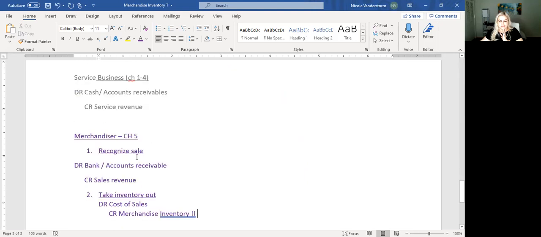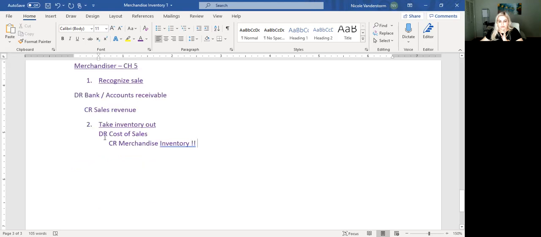You're going to recognize the sale by crediting your sales revenue and debiting bank, and you're going to take the inventory out. Now, the difference between sales revenue over here and cost of sales, you see one's a credit, one's a debit, so your difference here is going to be gross profit, which is displayed on your income statement only. So remember that, guys.